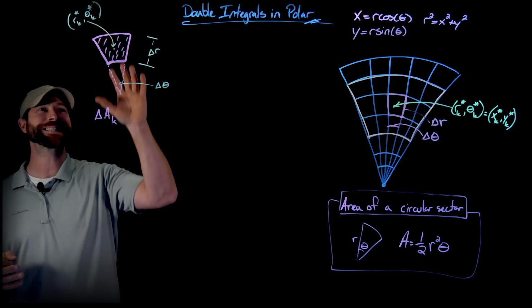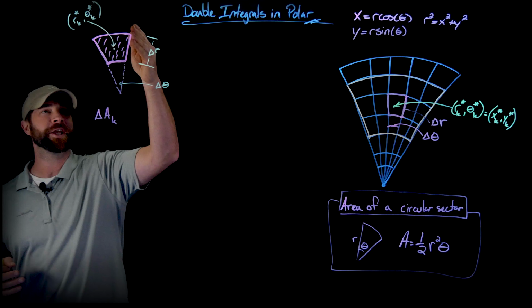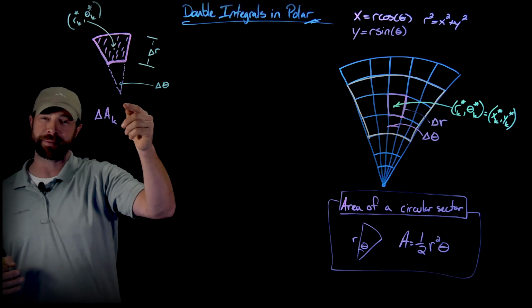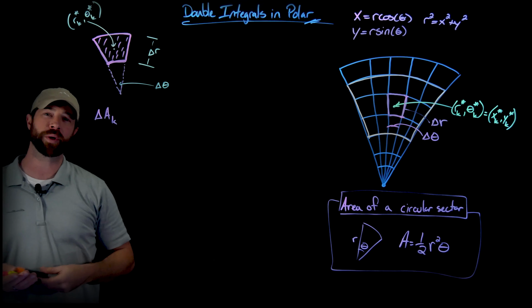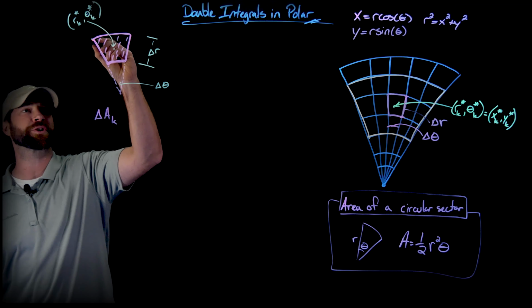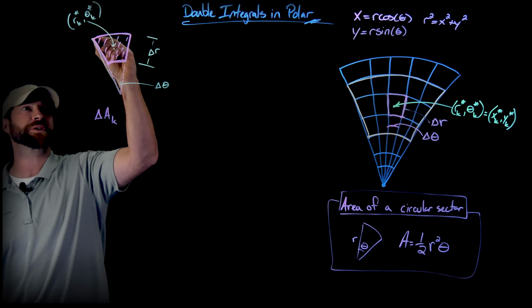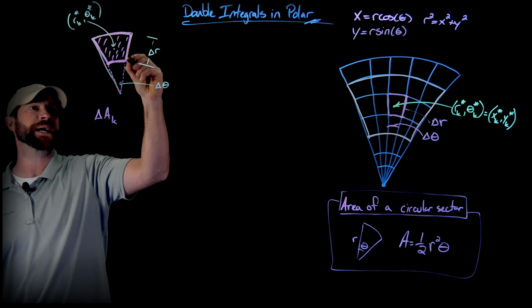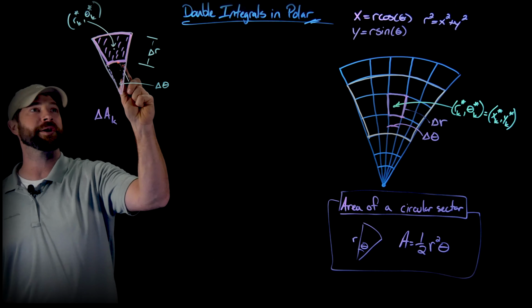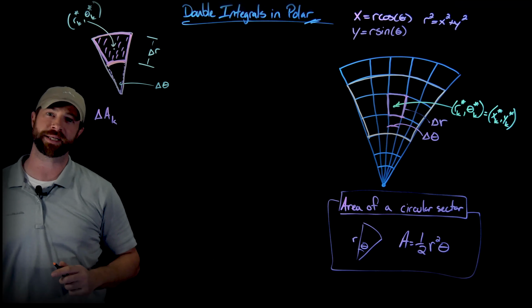Though awkwardly, this itself is not a circular sector. If we, as I have with these dotted lines, continued all the way down, this full shape is a circular sector. And what we're going to do, just to give you a hint of the action, is think about two circular sectors. We have the bigger circular sector here that is bigger than our polar rectangle, and we're going to subtract away the area of this smaller circular sector here.